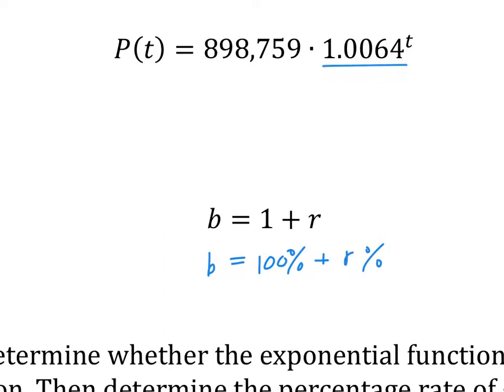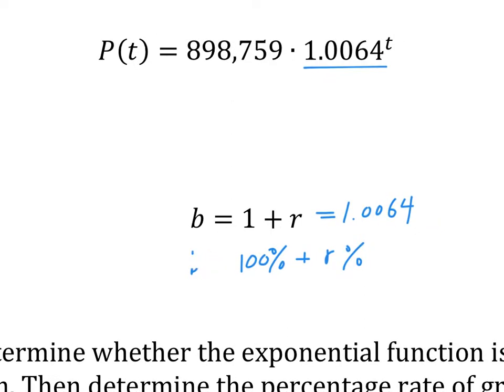So we have this base here that is 1.0064. That's the base. So if I subtract 1, sorry, this is very messy. So if I subtract 1, r is equal to 0.0064.